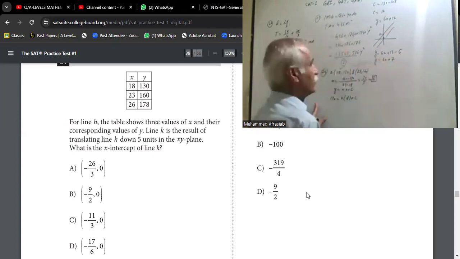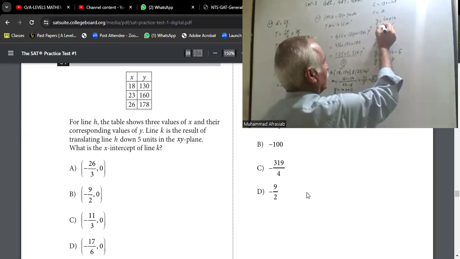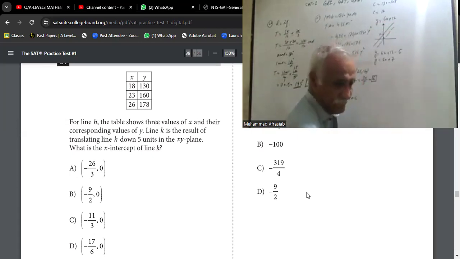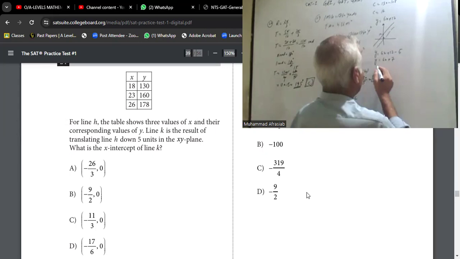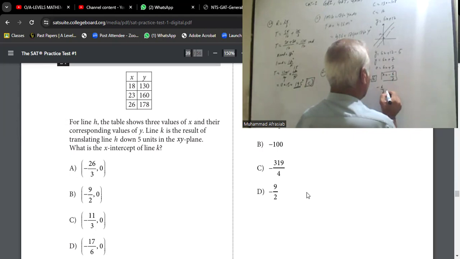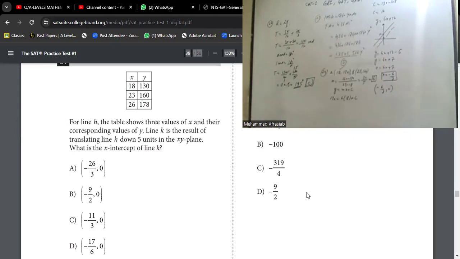And now where it is going to cut the x-axis, for which we put y equal to 0. So 0 is equal to 6x plus 7, or x is equal to minus 7 over 6. The coordinates are minus 7 over 6 and 0.